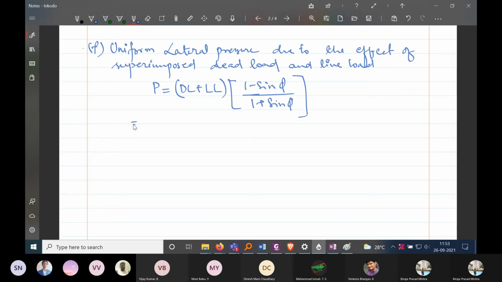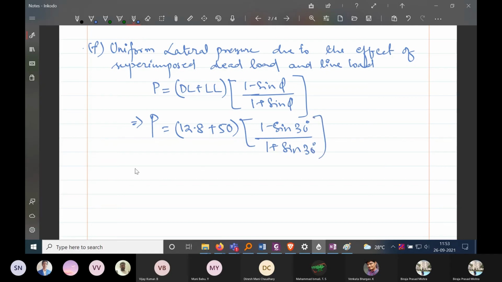So capital P equals, what is the dead load? Dead load is given as 12.8 plus live load, given as 50, into 1 minus sine 30 degrees divided by 1 plus sine 30 degrees.